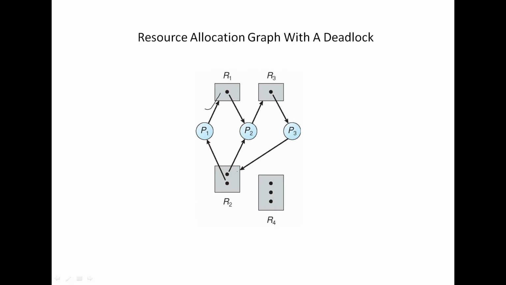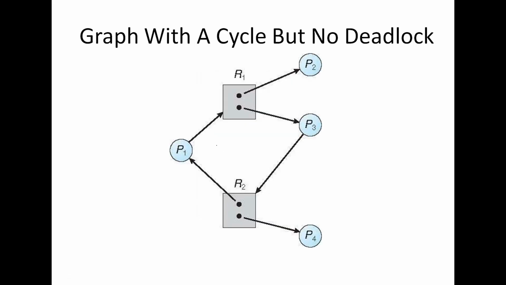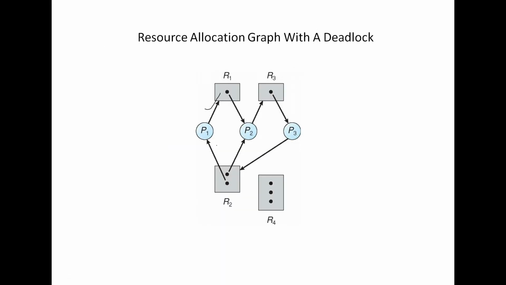Again, P3 is requesting R2, but R2 is allocated to P2 as well as P1. So we have a circle, a cycle here. Any resource allocation graph that contains a cycle may indicate a deadlock.